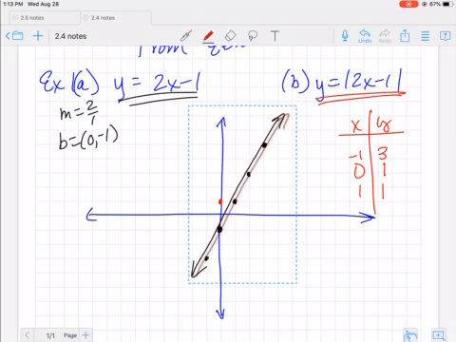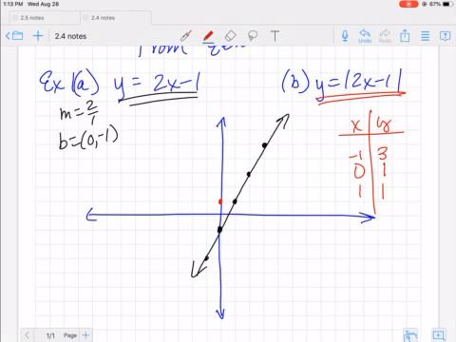And I have the point negative 1 up 3. And I bet if I go one more over here with this 2, if I'm going to plug in a 2 right here, I've got a 4. 2 times 2 is 4 minus 1 also gives me 3.